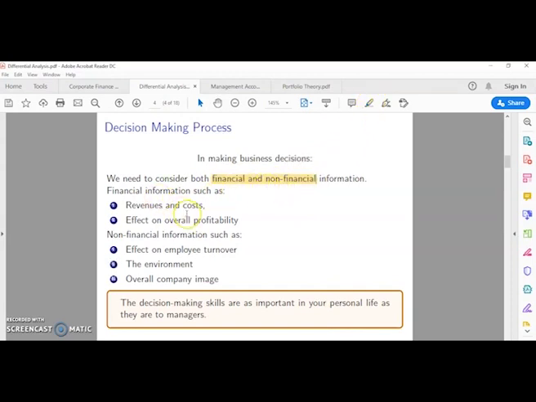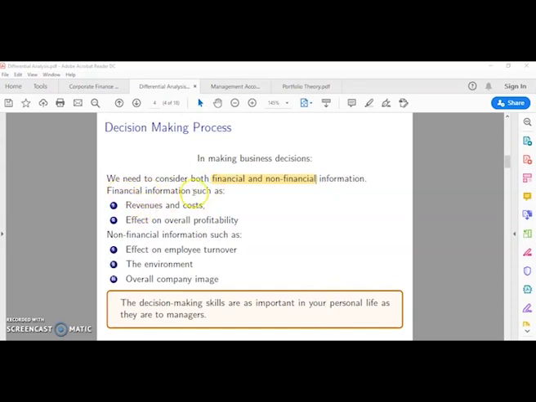So you are not only thinking about the net income or the amount of the profit, of course, you are supposed to consider both financial and non-financial information when you want to make a decision for your business.